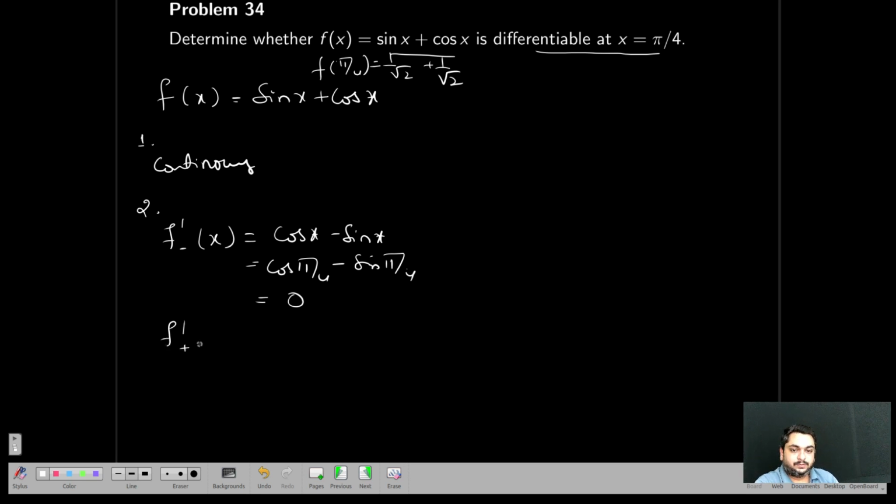F dash, the right hand derivative, is again cos x minus sin x, which again comes out to be 0. Okay, both are the same. So they are equal. They are continuous and the left hand derivative is equal to the right hand derivative, hence differentiable at x equal to pi by 4.